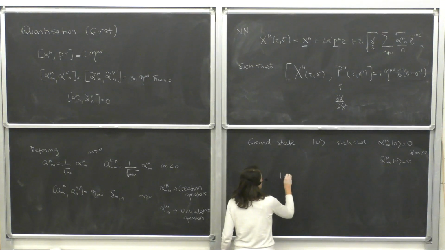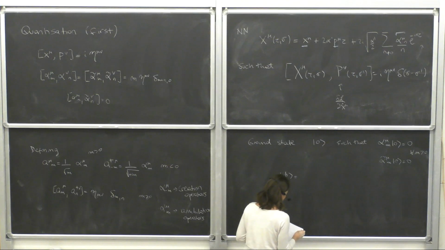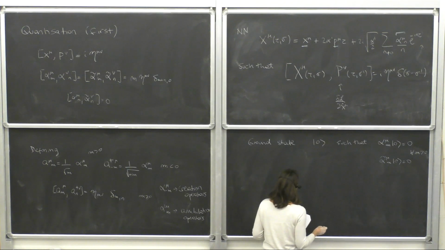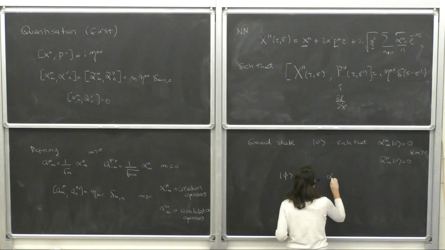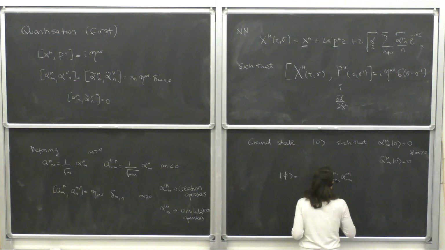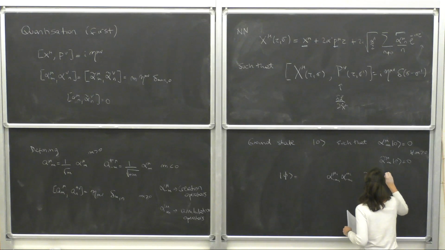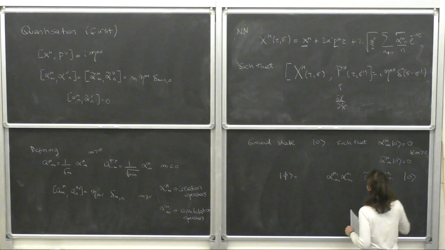Then the state phi you create by acting alpha mu 1 minus m1, alpha mu 2 minus m2, etc., alpha tilde nu 1 minus n1, alpha tilde nu 2 minus n2, etc., on this.